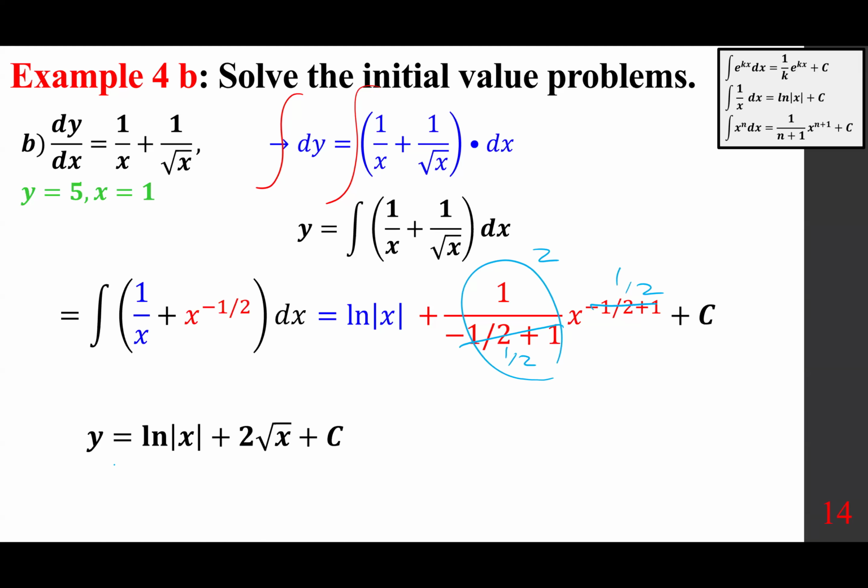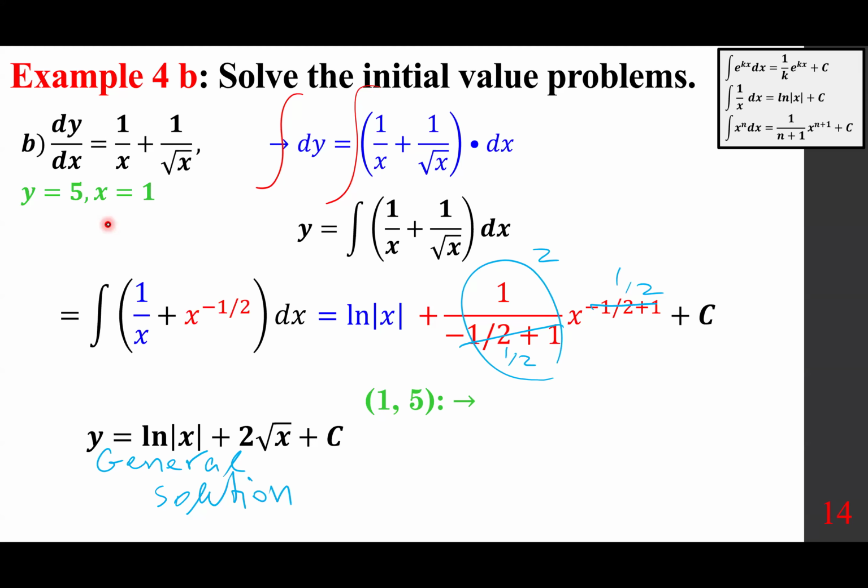And this is a general solution. Infinitely many solutions. And if we didn't have this pair we would be done, because it would become a basic integration. Now it becomes the initial value because one pair 1 comma 5 is given. And we are going to use that to find the missing constant.